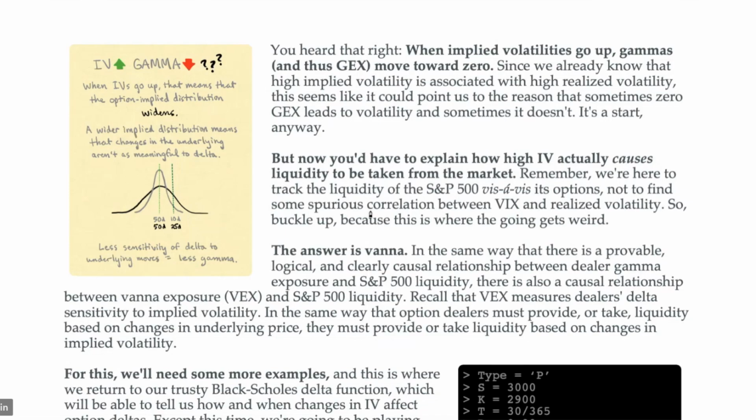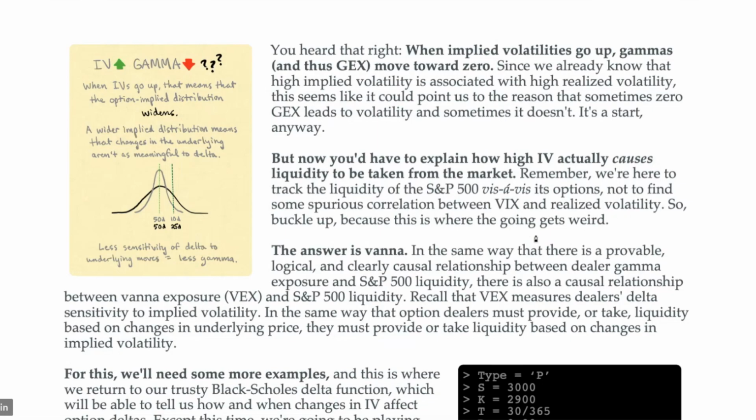What does it mean that it moves towards zero? If this is your gamma curve, your first gamma curve, which has this little peak, as IV moves up the whole curve flattens like this. So gamma exposure in general is moving towards zero. Yes, exactly.